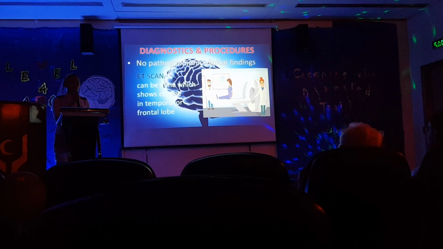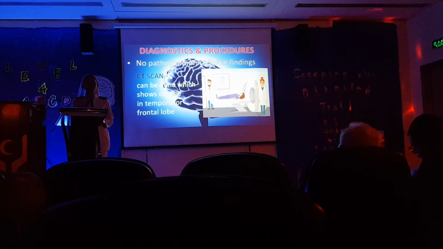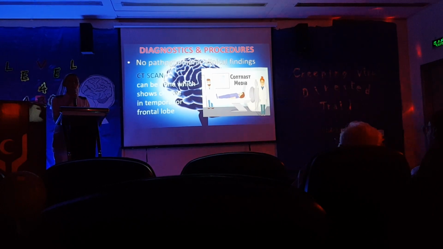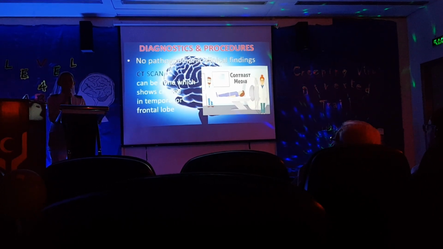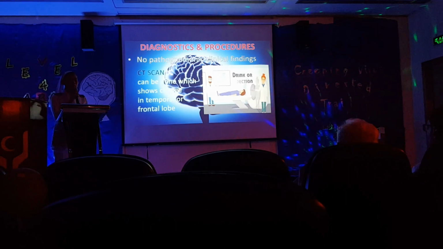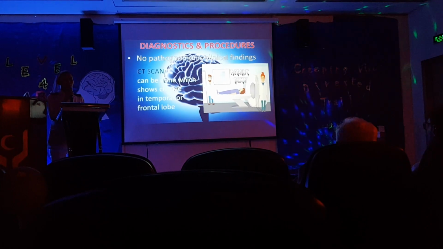Brain imaging by computerized tomography or CT scan can be done, though on CT scanning, focal neurologic deficits and cerebrospinal fluid pleocytosis and abnormalities may be absent initially. Brain CT may show changes in the temporal lobe or frontal lobe.